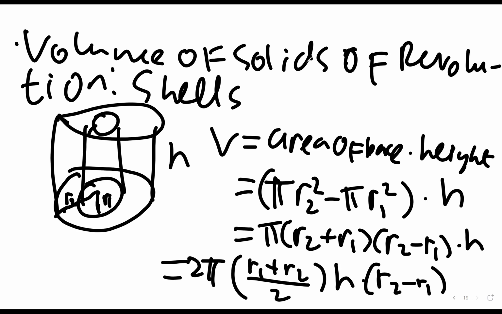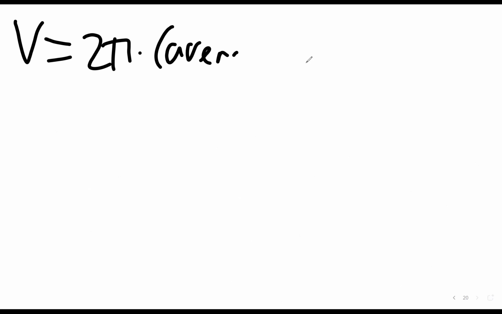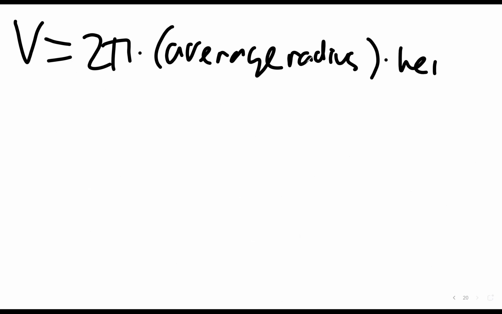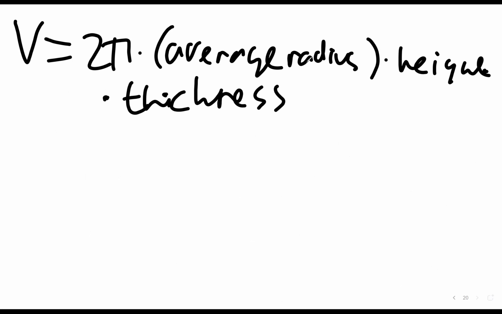Now, in this case we can write the formula of the volume as 2 pi multiplied by the average of the radius, and then multiplied by the height, h is height, and the last term will be the thickness.